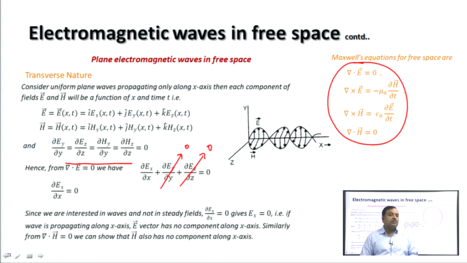E x equal to 0 means if the wave is propagating along x axis, then electric field has no component along x axis. Electric field has no component along x axis means electric field is perpendicular to the direction of propagation.